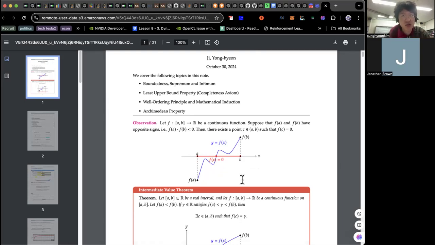A function is a very special relationship in the Cartesian product, and there is a domain and a codomain.